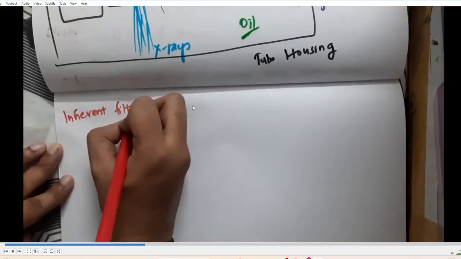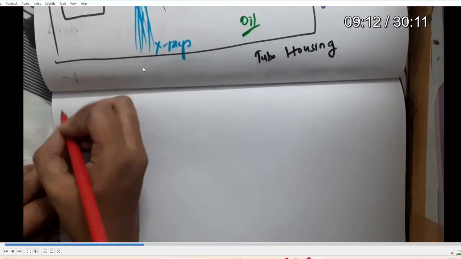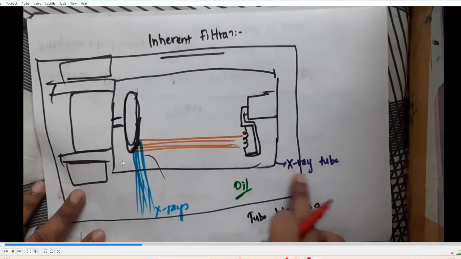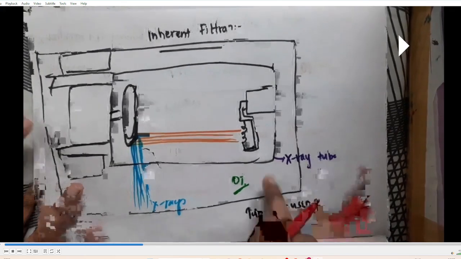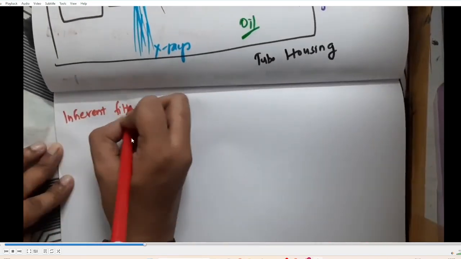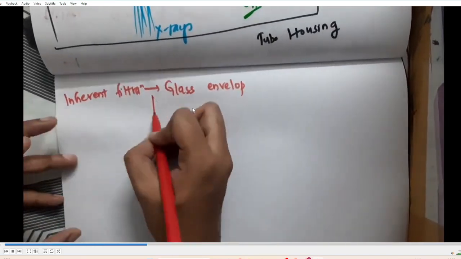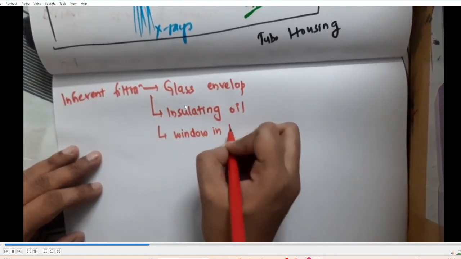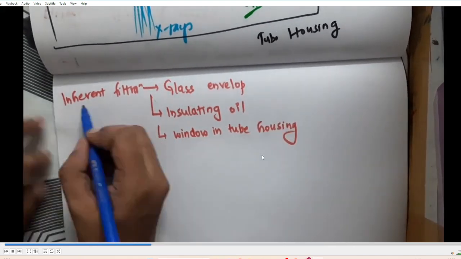This type of filtration is called inherent filtration. The materials responsible are the glass envelope enclosing the anode and cathode, the insulating oil surrounding the tube, and the window in the tube housing.